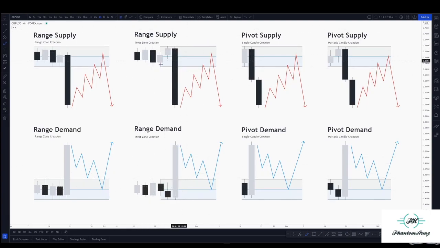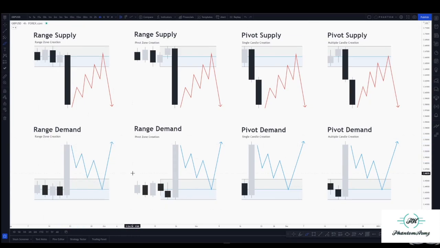So we're able to refine our zone to using just the pivots if we wish. As well, if we go back to the first example, we could also use this last bullish candle before this bearish expansion to the downside, or this bearish candle before the bullish expansion out of this area.